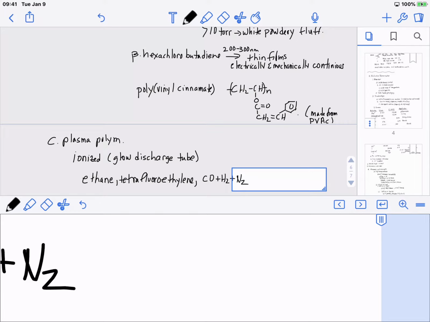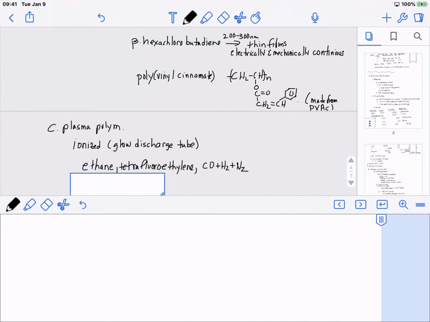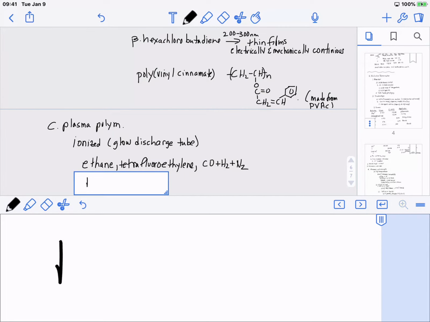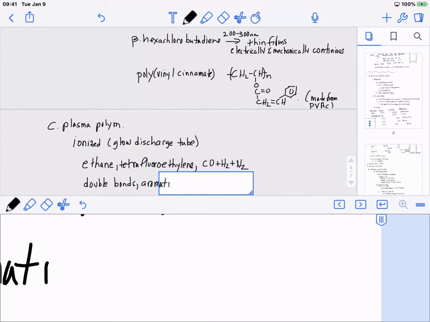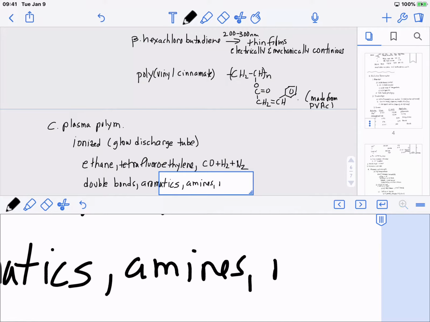You can do stuff with double bonds. You can do aromatics. And you can do amines. You can do nitriles.